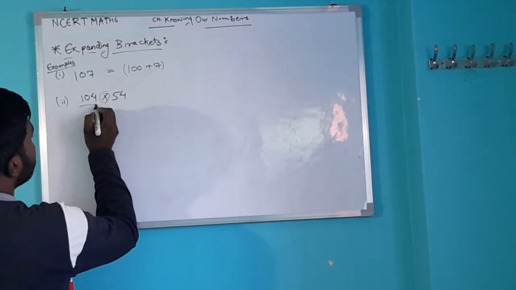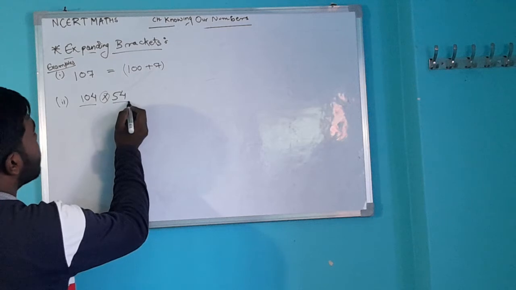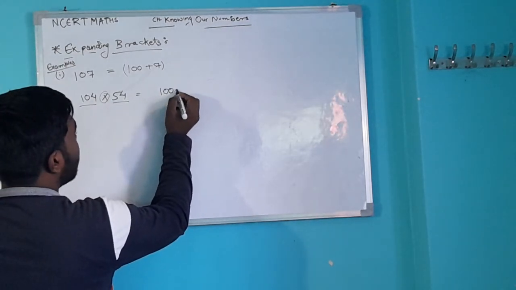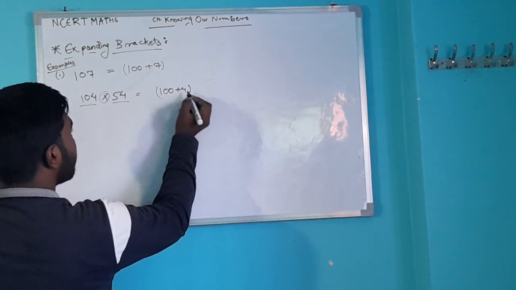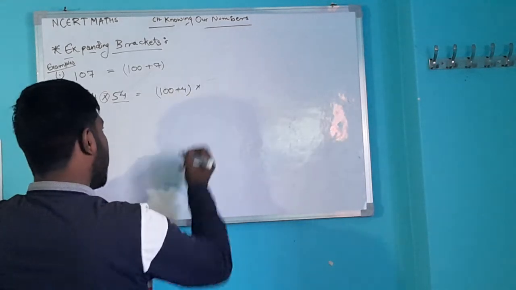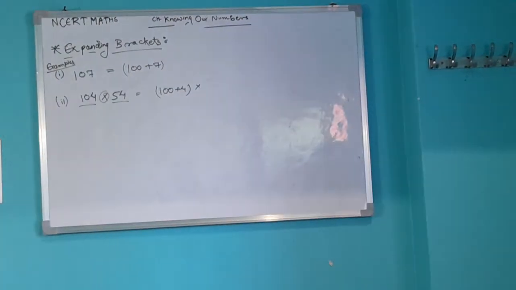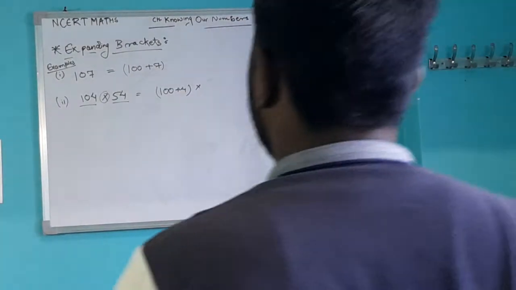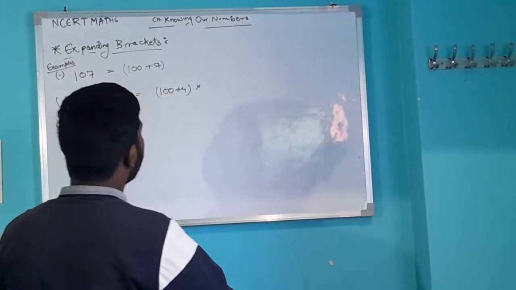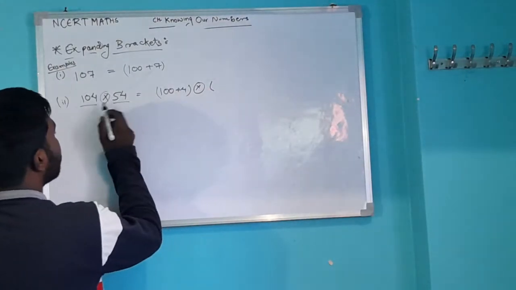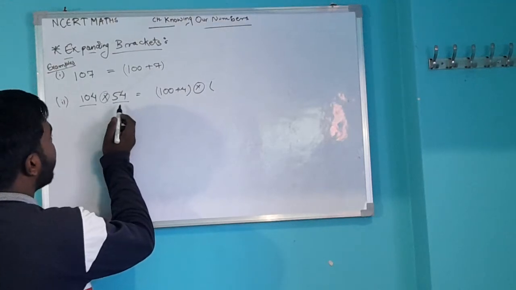Then we first simplify 104, then we simplify 54, through which we write 100 plus 4 into 54. For 54 we write 50 plus 4, with the multiplication symbol between 104 and 54.